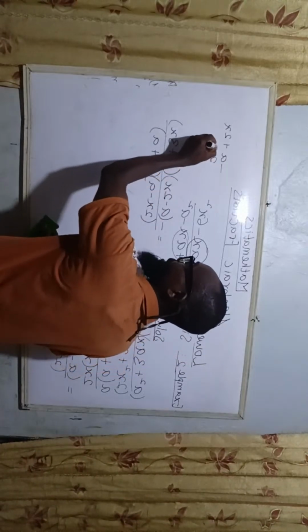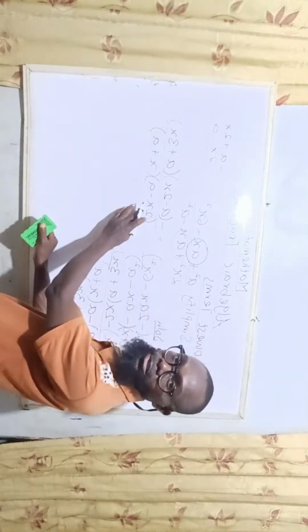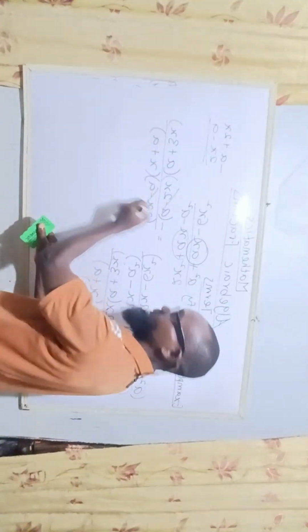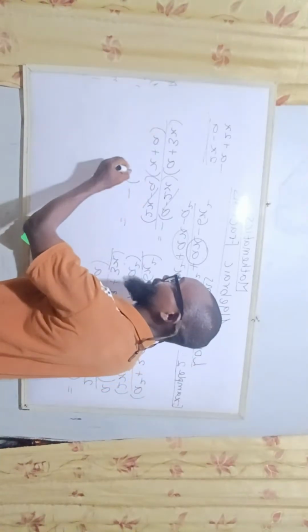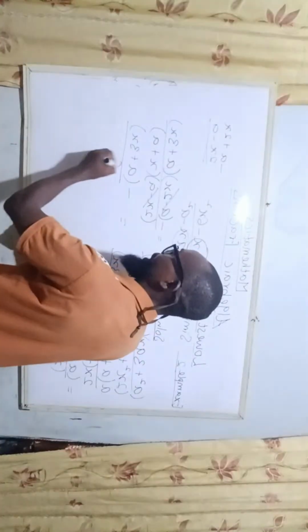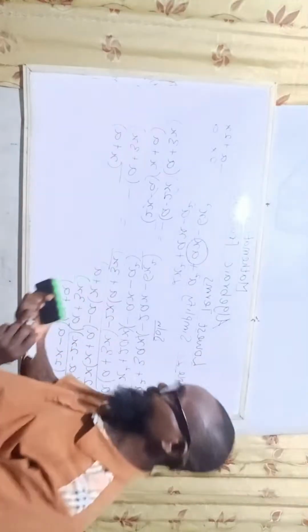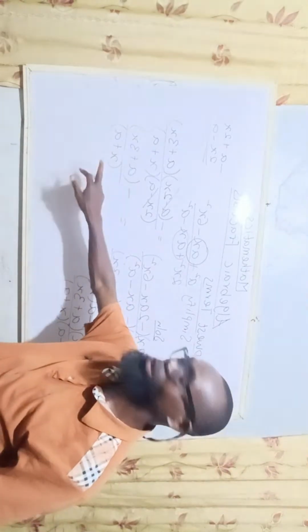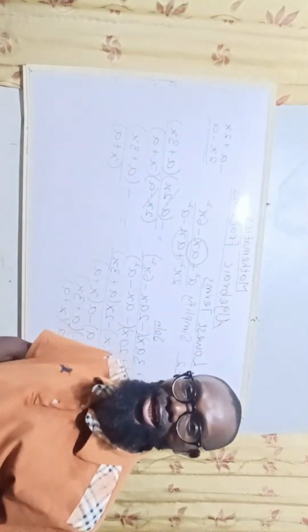If I rearrange this one, it's going to become 2x minus A. So this one now has become this. So I can now cancel this. Then my final answer will now be minus, open bracket, A plus 3x, close bracket, divided by x plus A. So this is my final answer because this one and this one cannot cancel.